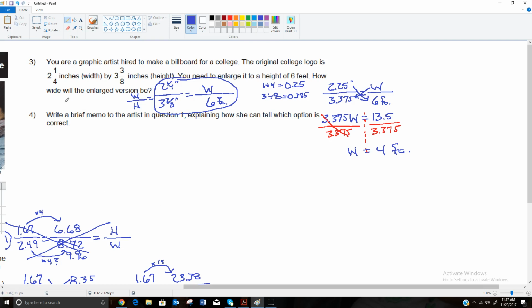And I'm not going to write a brief memo here to the artist explaining how she can tell which option is correct, but we have, again, gone through 3 different ones. So I'll say method A is top and bottom, numerator and denominator, multiplied or divided by the same thing.